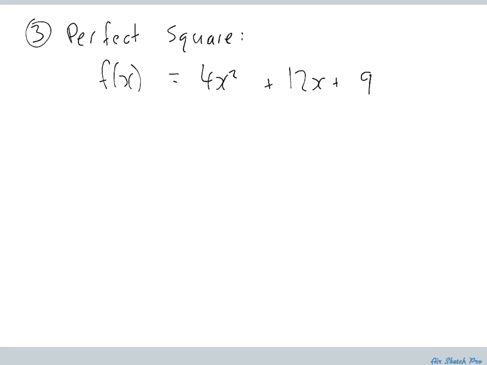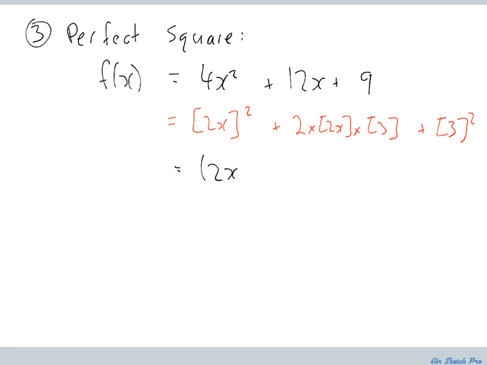Okay? So I will do the extra step here so you can see it in red. That's 2x all squared plus 2 times 2x times 3 plus 3 squared, which equals 2x plus 3 all squared.